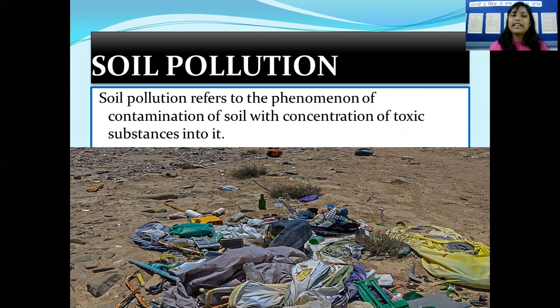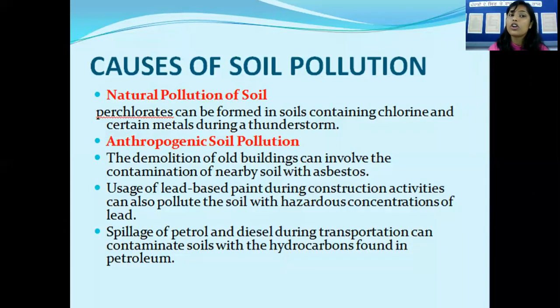As you can see on the screen, soil pollution refers to the phenomenon of contamination of soil with concentrations of toxic substances. Right. Now, what are the causes of soil pollution? You can see on the screen, it could be natural pollution of soil and anthropogenic soil pollution. How is natural pollution carried out?